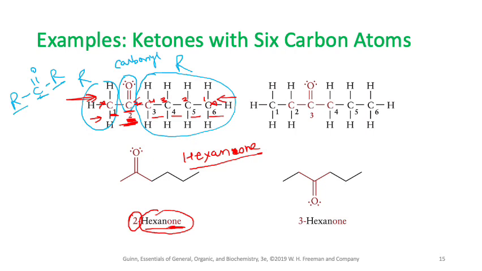So make sure you specify the carbonyl group in a ketone. The lowest number that you can get is 2. Sometimes if you don't write the number, we know it's present on the second carbon, which is the lowest a ketone can get, but still you have to write 2-hexanone, with the number 2 as the location of the carbonyl group, right?